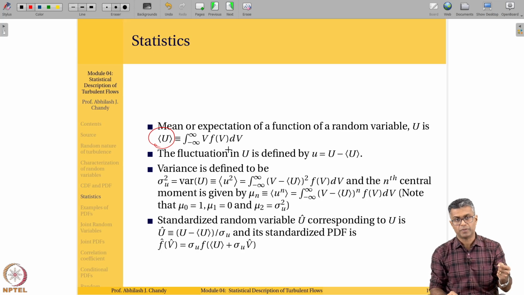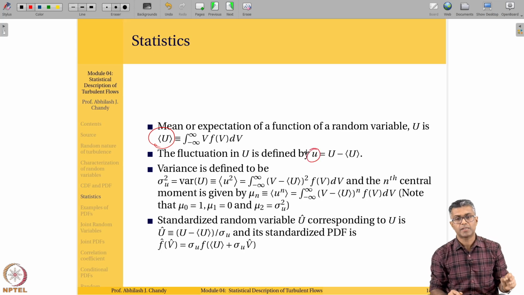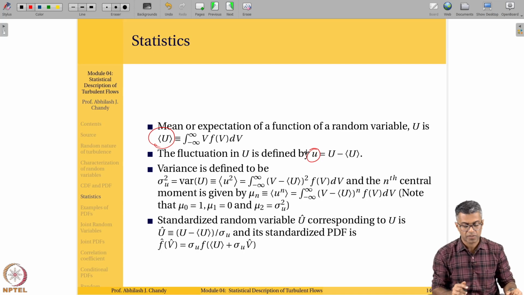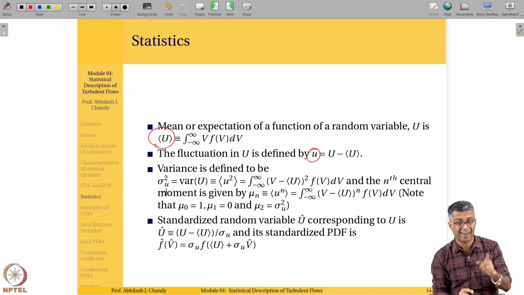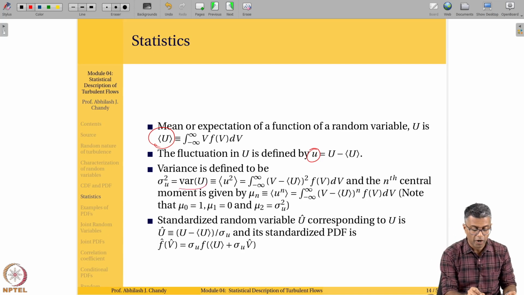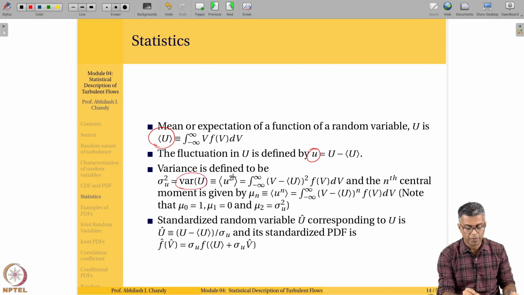The fluctuation from the mean is given by small u, which is capital U minus the mean of U. So the variance is sigma u squared, where sigma u, remember, is the RMS. This is var(u), the variance of u, also represented like this.